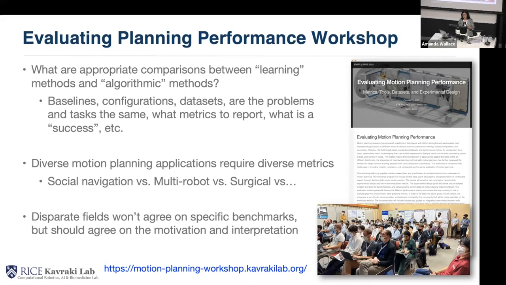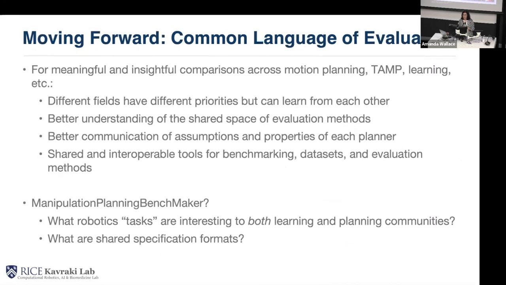And I'm afraid I have to say that these fields don't agree on specific benchmarks, but I think what we can do as a community is agree on the motivation and the interpretation of benchmarking. And moving forward, I think there is a lot of room for meaningful and insightful comparisons across motion planning, task and motion planning, and learning.